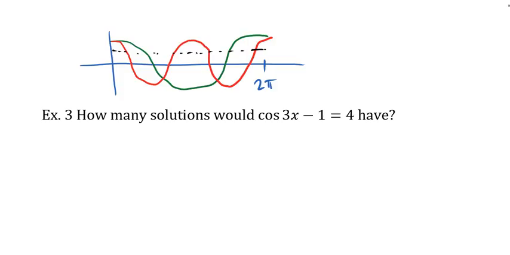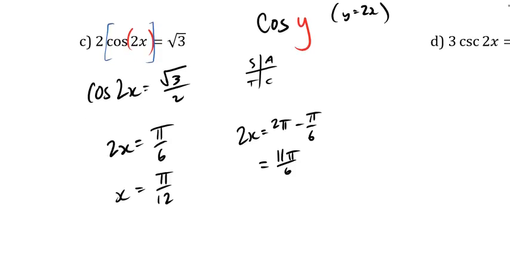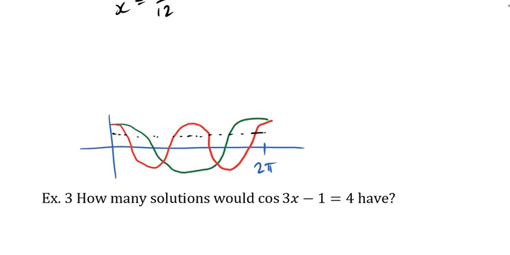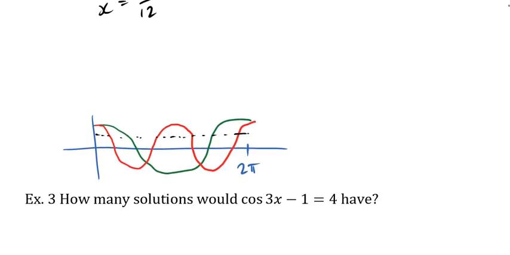But you'll have to just remember, and I think thinking about the graph is a good way to do it, but whenever you have a double angle, that's also like a compression, right? Or triple angle, or if it was half x, same thing. It has an impact on the graph, and so it would have an impact on how many solutions you would have.